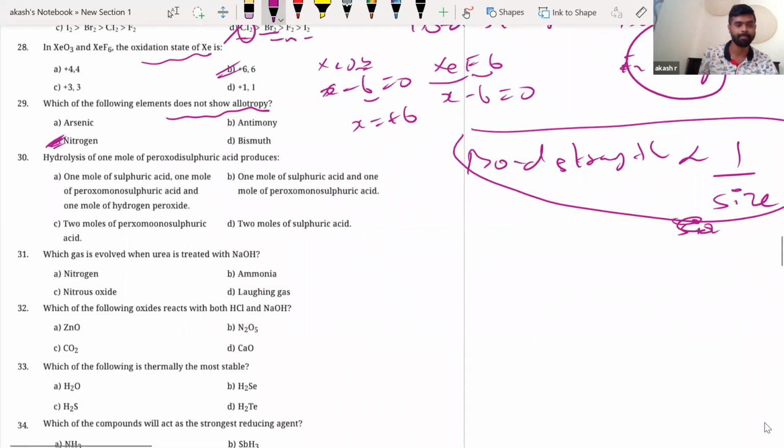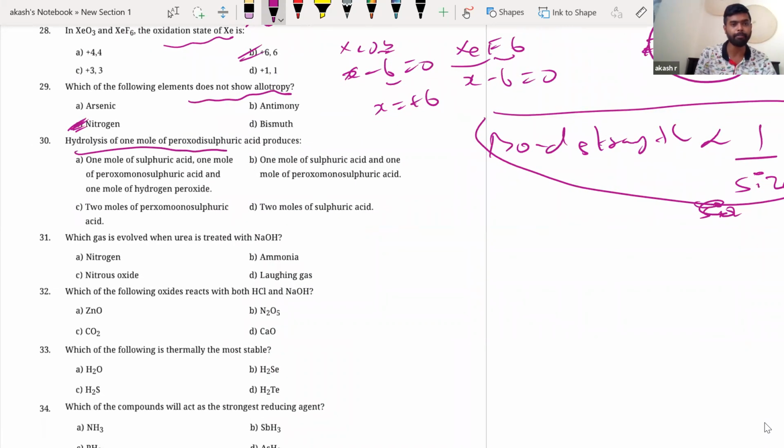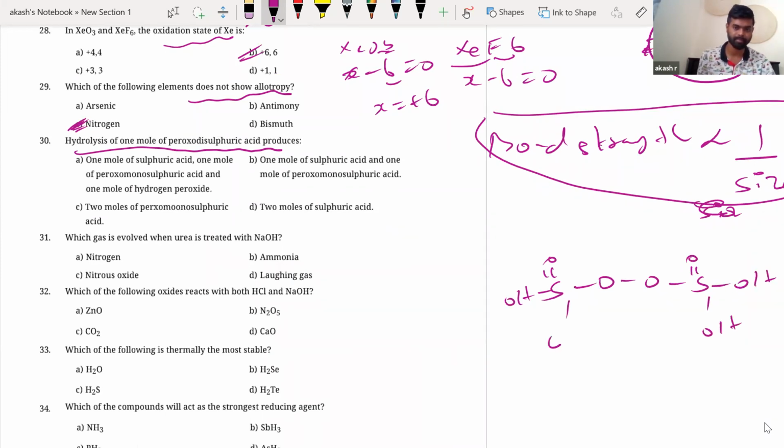Okay, moving on. Hydrolysis of 1 mole of peroxodisulfuric acid. I don't know the formula, but if I can write the structure, it will be useful. I need to have a peroxide linkage and I need 2 sulfur atoms, each with the sulfuric acid part.